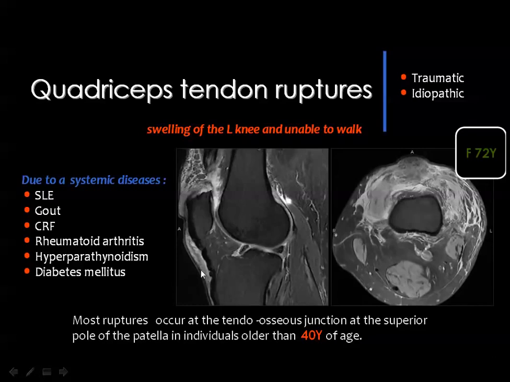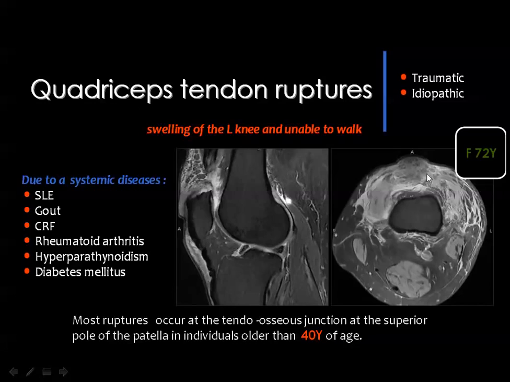An underlying systemic disease is usually present, and these are the possible diseases, including systemic lupus erythematosus, gout, chronic renal failure, rheumatoid arthritis, hyperparathyroidism, and diabetes mellitus.